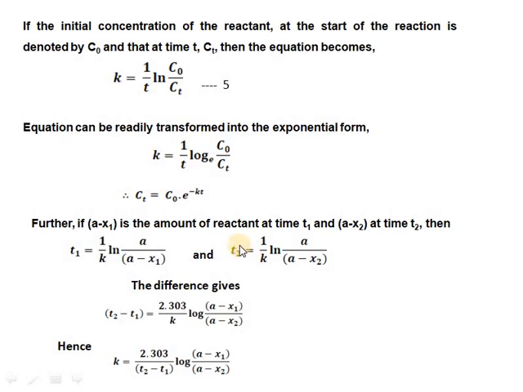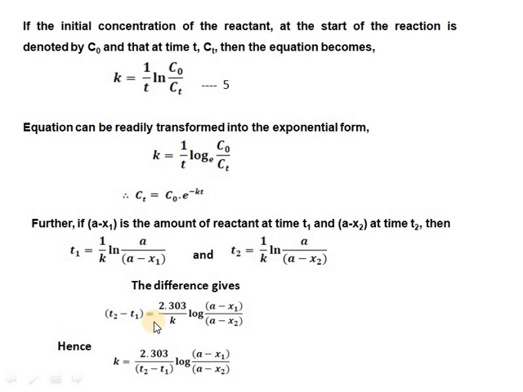Similarly, t2 is equal to 1 by k ln a upon (a minus x2). The difference between these two, t2 minus t1, is equal to 2.303 upon k into log to the base 10 of (a minus x1) upon (a minus x2).